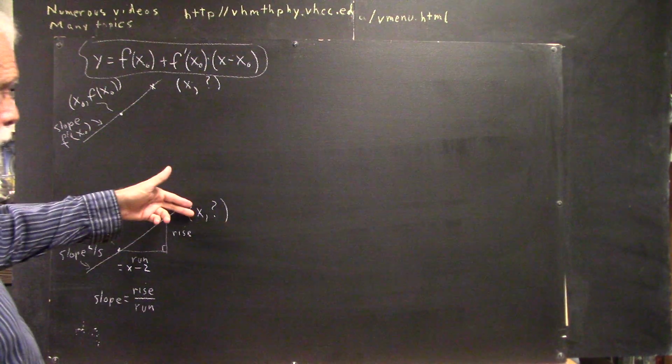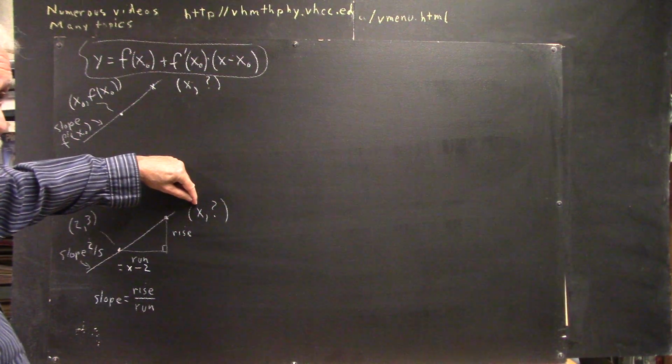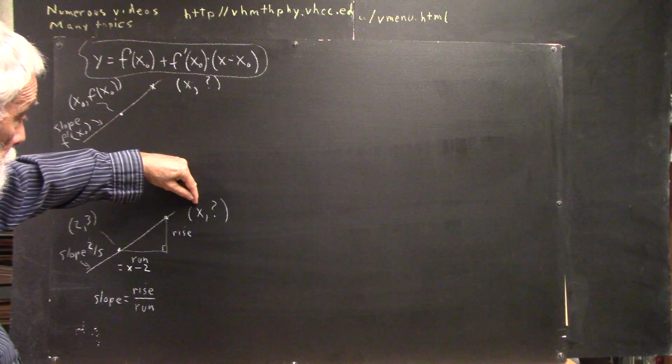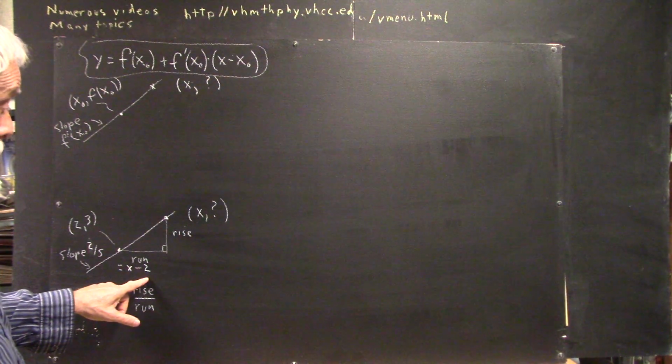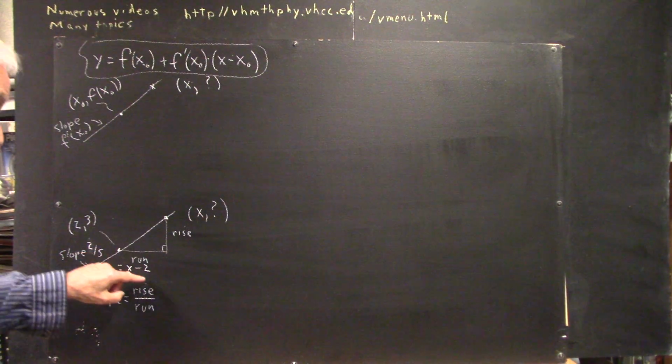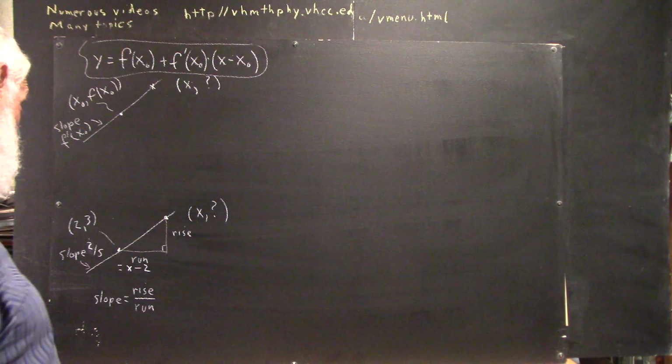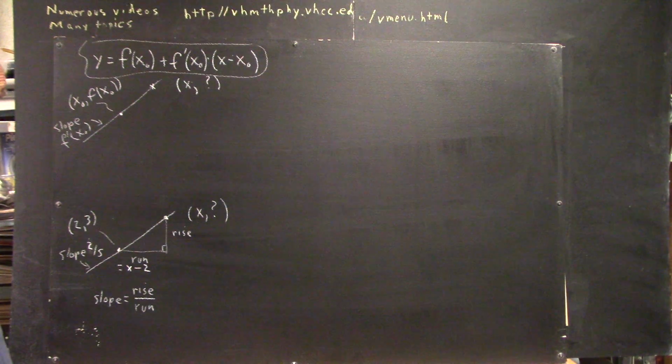We don't know what the x-coordinate actually is, but we have represented it by the expression x, so whatever the x-coordinate is, this is the expression for the run. If you have a number for x, you put it in here, and you get the number for the run. So the run is x minus 2.